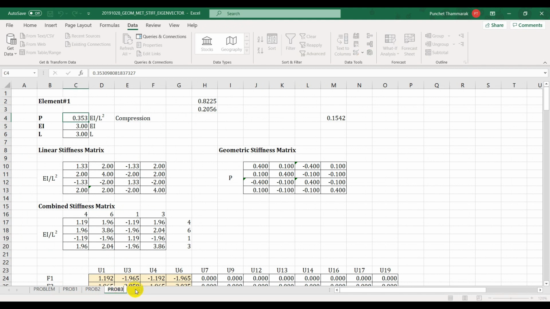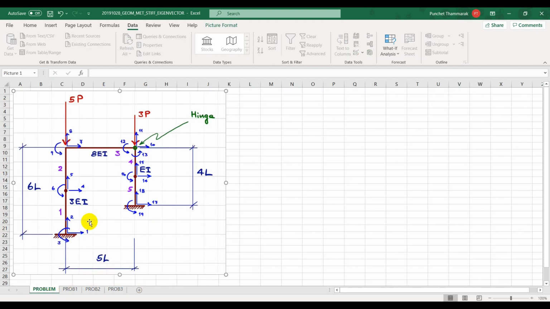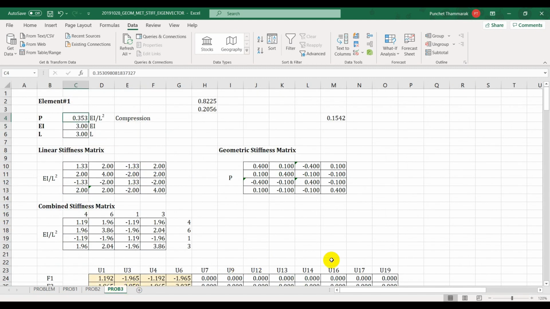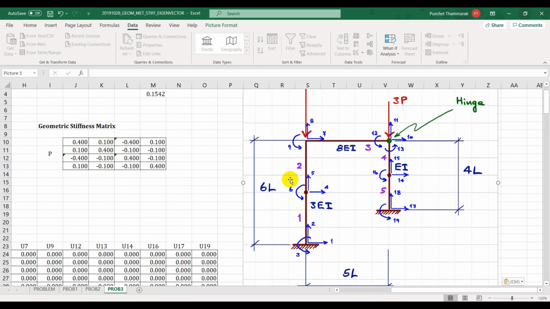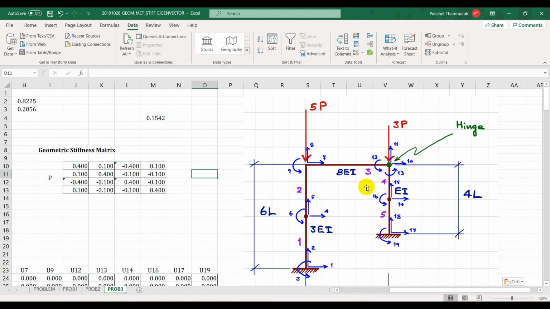Problem number 3. Number 3 is put down here. Well, for number 3, it does not need to be an iterative solution.